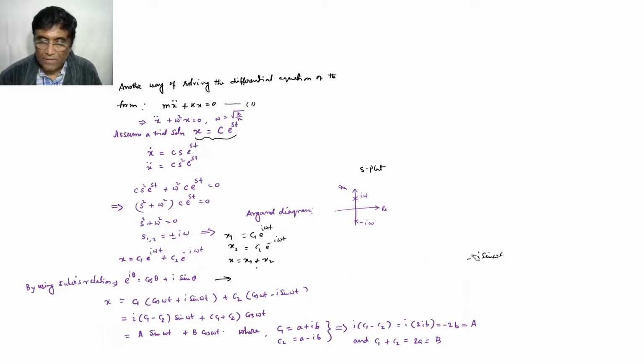You had better do this yourself, don't jump the steps. So c1 times cosine omega t plus i sine omega t, plus c2 times cosine omega t minus i sine omega t. So a little bit of algebra.